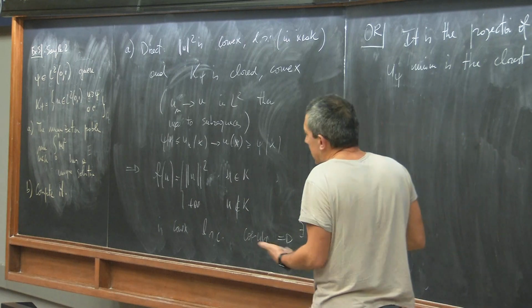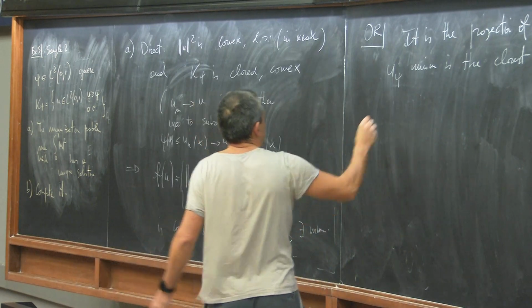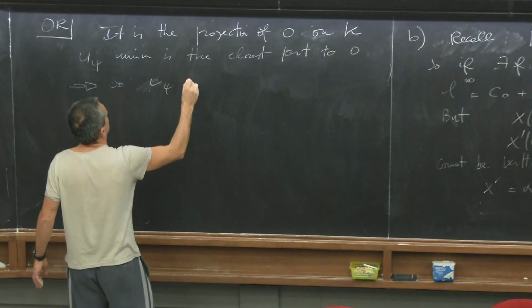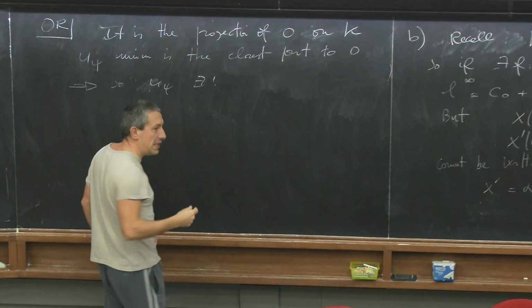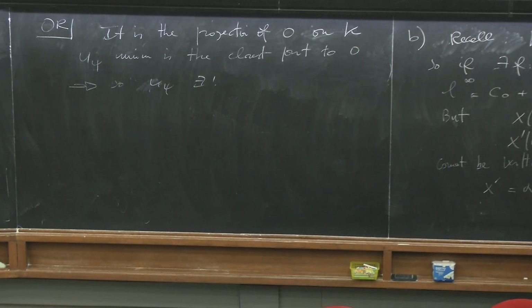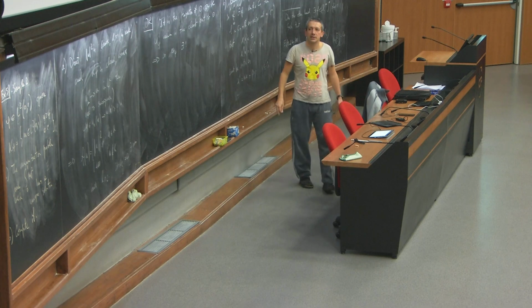And then I apply the theory of projection, so u psi exists and it is unique in a Hilbert space, or in a uniformly convex space, or strictly convex space, sorry. Okay?